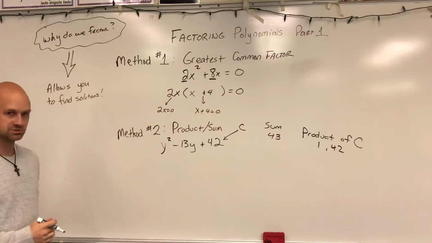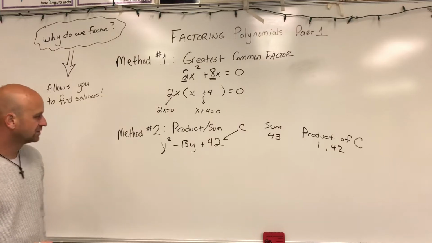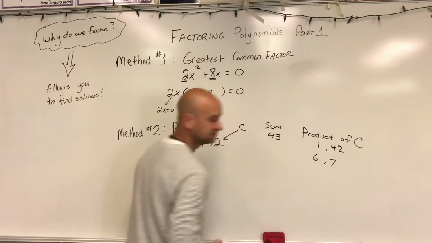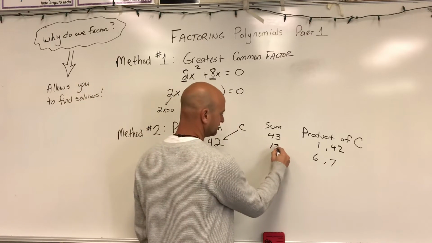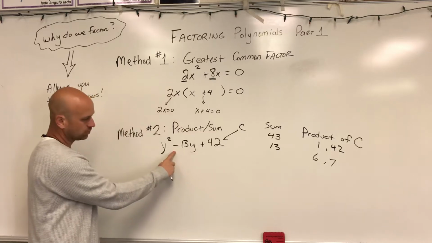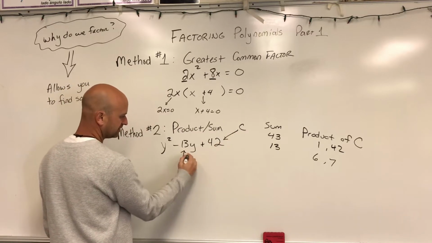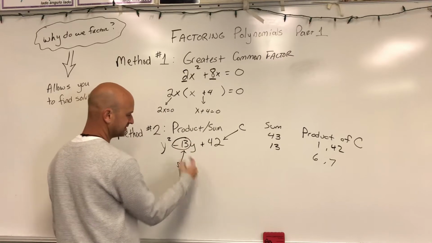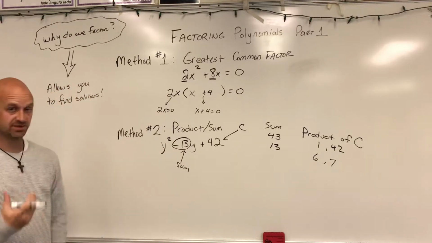and some variations which we're going to skip for this example, but you'll see in the next part. Well, we also know that 6 and 7 are products of 42, and if we add those up, we get 13. And what we want to do is we want a product of C, and then we want this term here to be our sum. So the products need to add to that value. So we see that we have a positive 13.